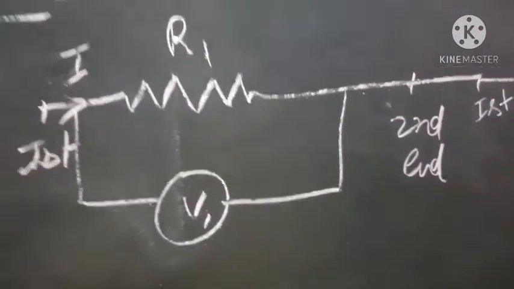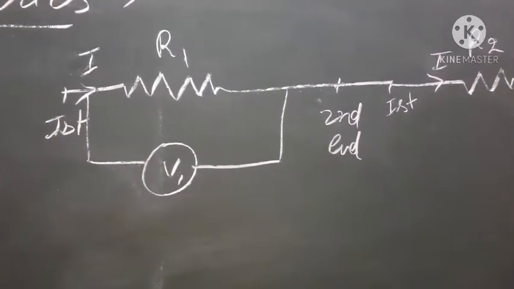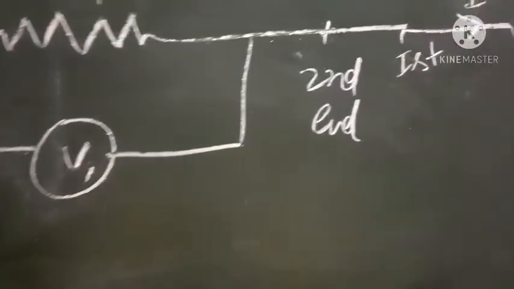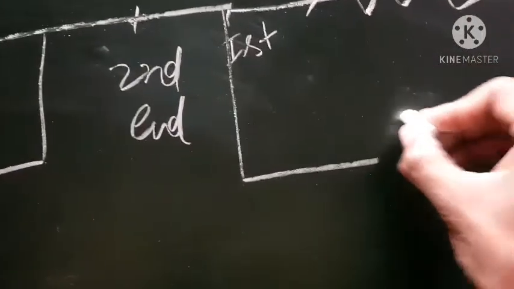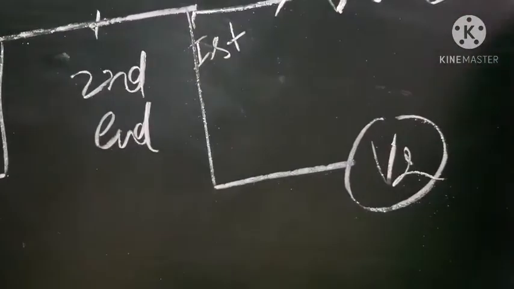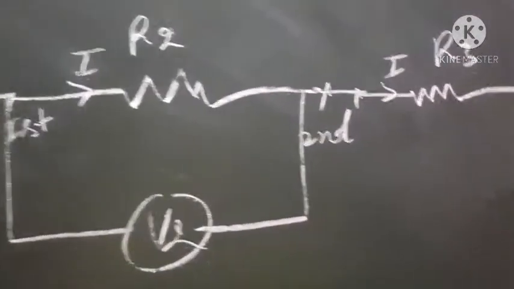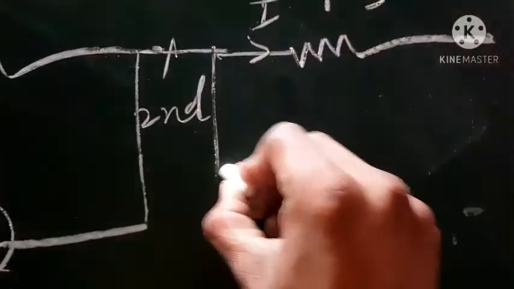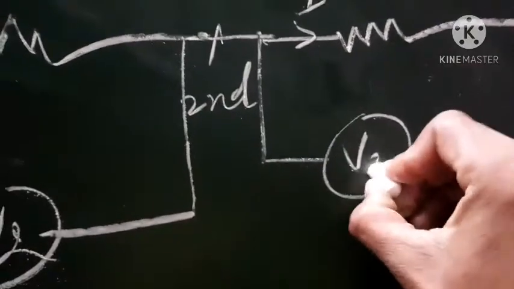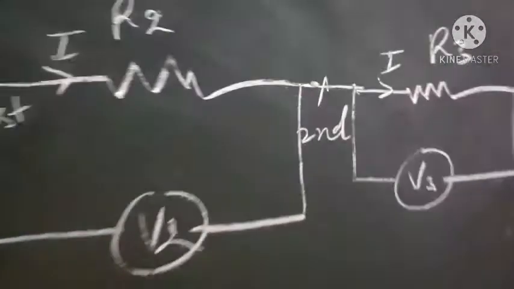Say it is V1 for resistance number 1, V2, that means voltmeter number 2, for resistance number 2, and V3 for resistance number 3.